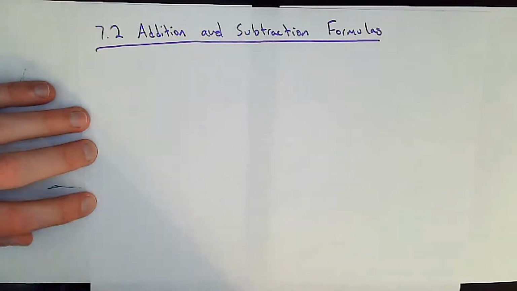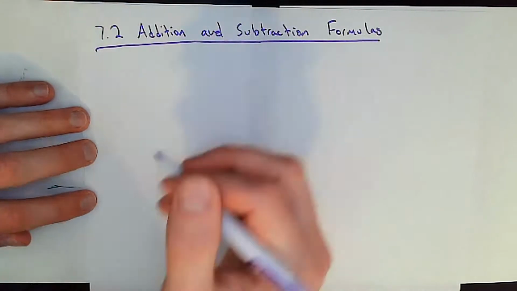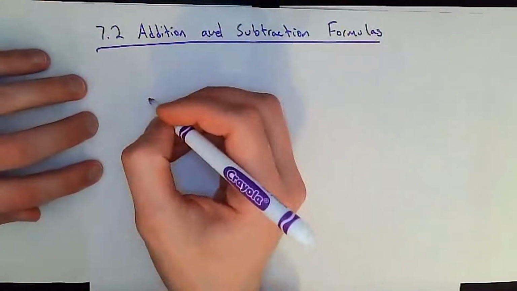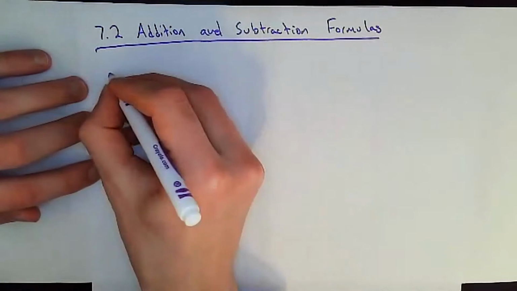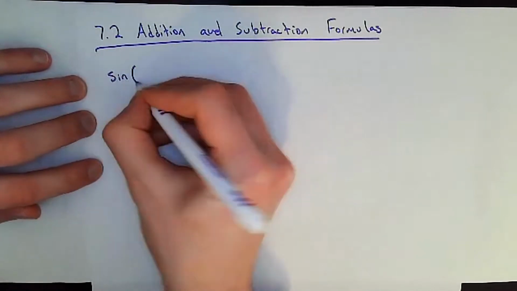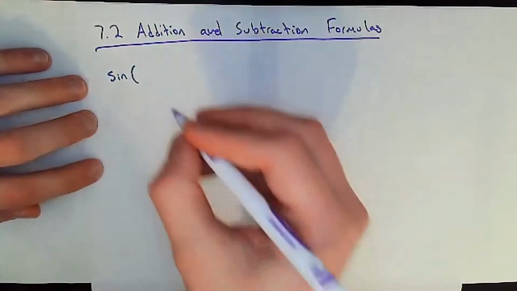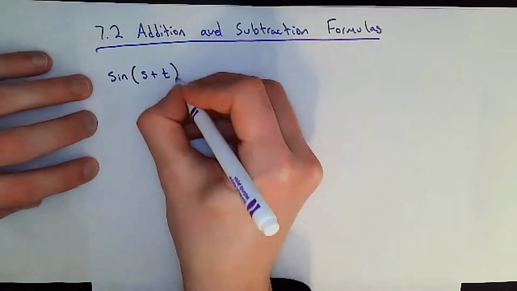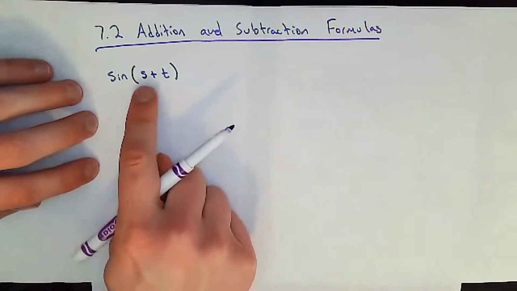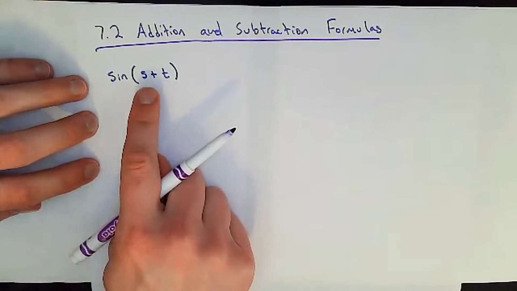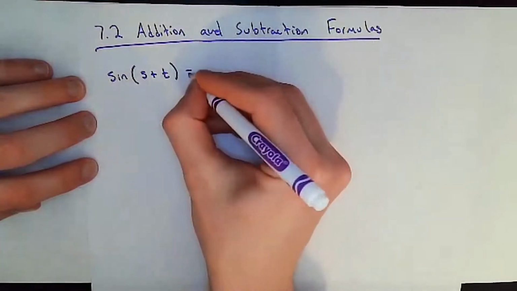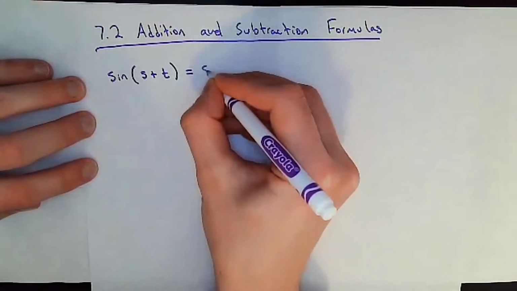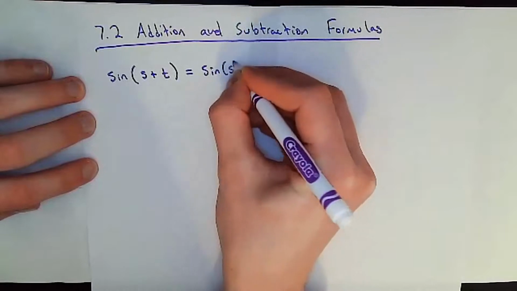We're going to call them the addition and subtraction formulas for sine, cosine, and tangent. So if we have sine of some input that is given as a sum, or that we can write as a sum, then that's going to be equal to the following, in terms of s and t.